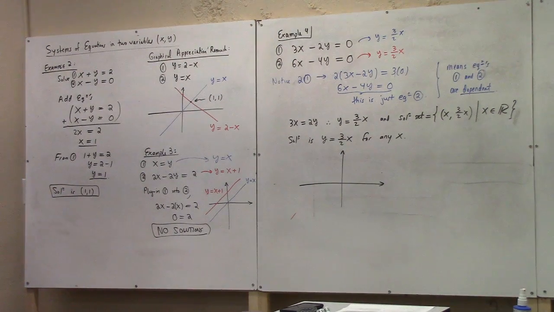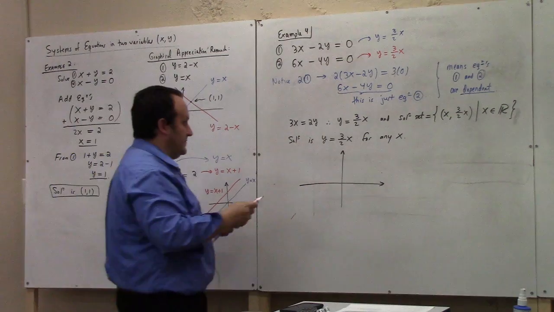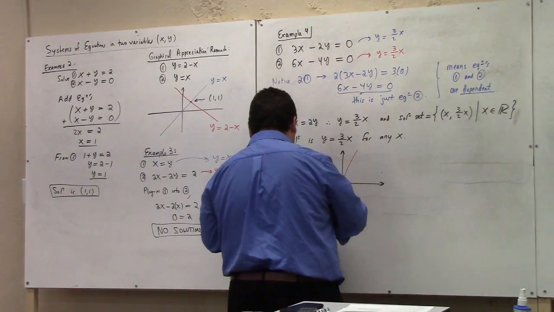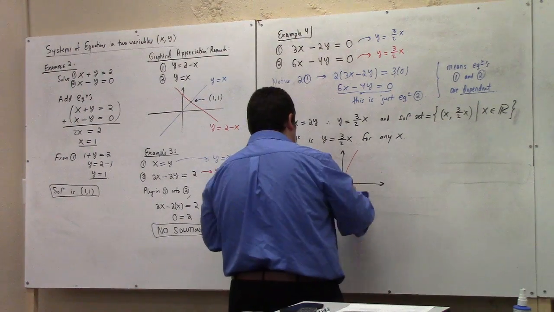But the solution is where the two lines in question intersect. Where does a line intersect itself? Everywhere, right? So the solution is all points on the line. And in this rather special and somewhat silly case, we get infinitely many solutions.